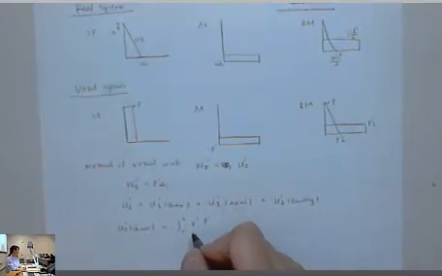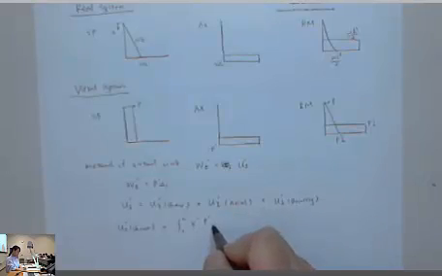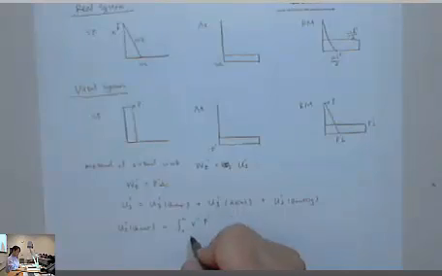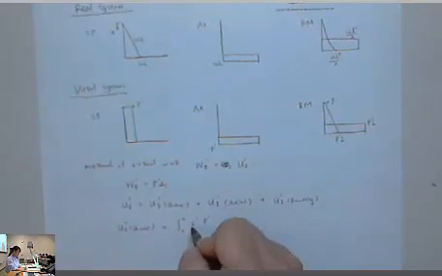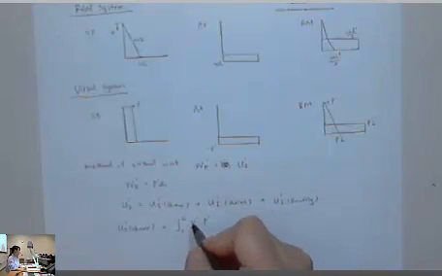Just P prime times the actual. So it will be first the virtual stress, right? Okay. Let's first write out the full expression.